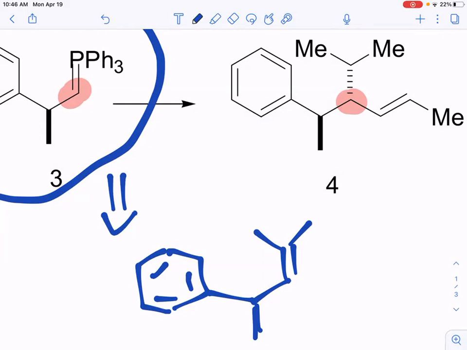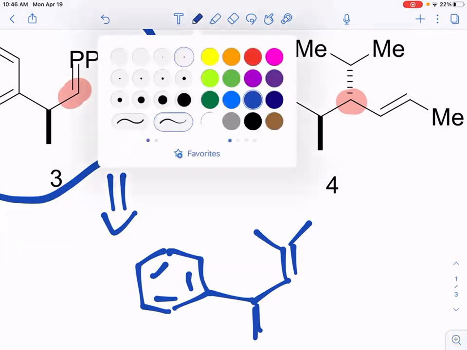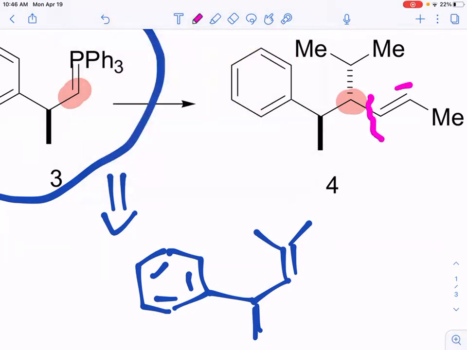So if you have that, now we need to start thinking about how we can put that piece together with this piece. So let's say I wanted to do a coupling reaction or some type of substitution reaction.